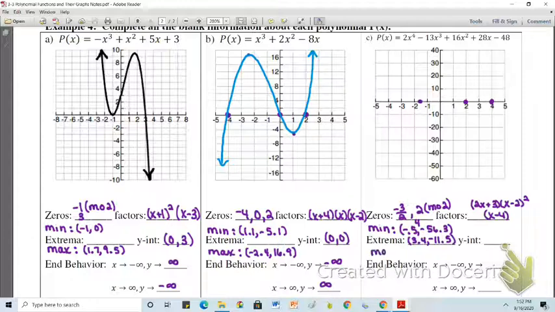I also have a maximum of 2, 0. So 2 zeros are already plotted, so we're going to do negative 0.5 and negative 56.3.